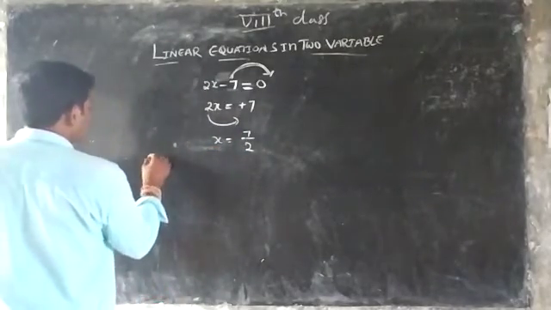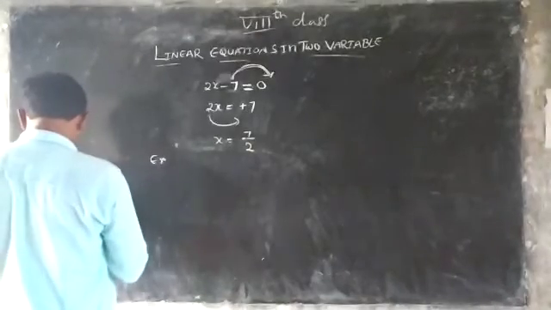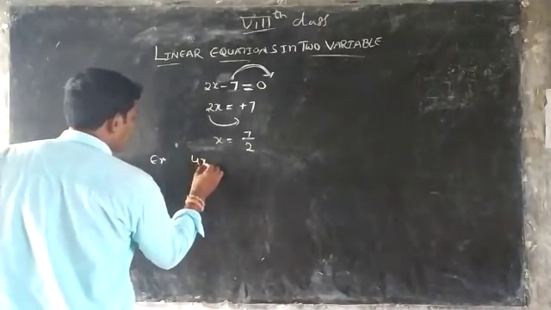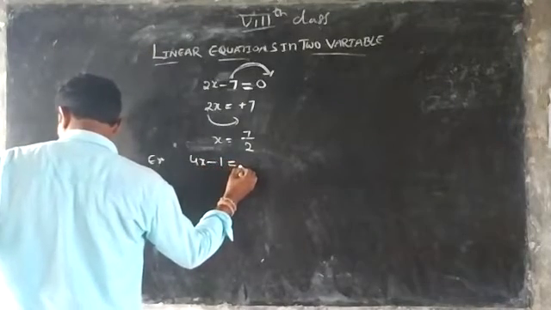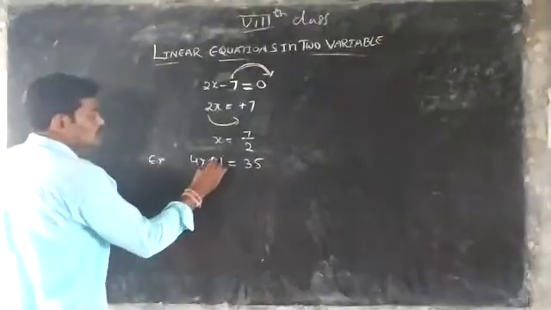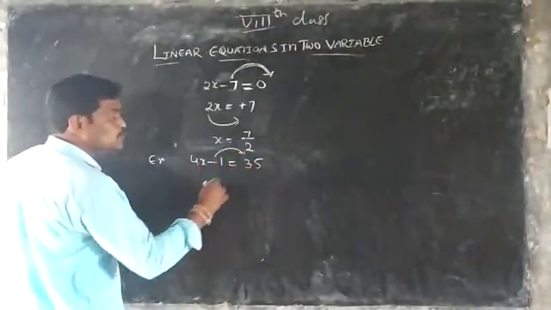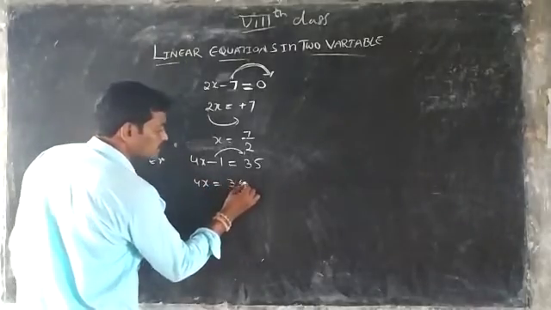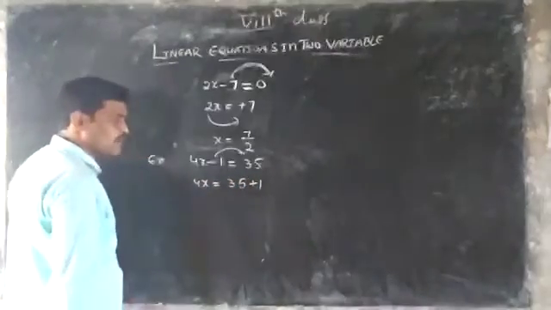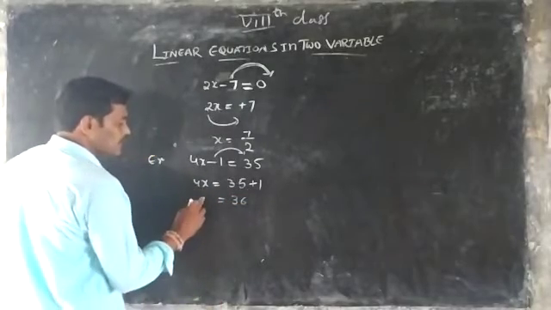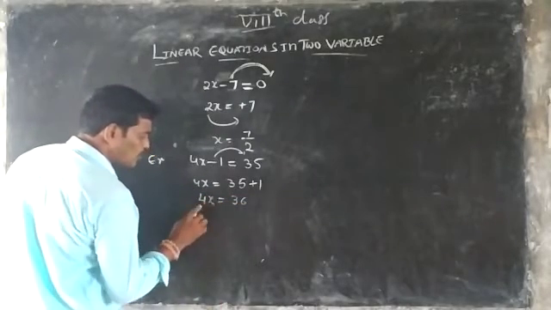Another example we can take: 4x minus 1 is equal to 35. This minus 1 transposes to the RHS side as plus, so 4x is equal to 35 plus 1. 35 plus 1 is equal to 36 on the RHS side. The LHS side is 4 into x.